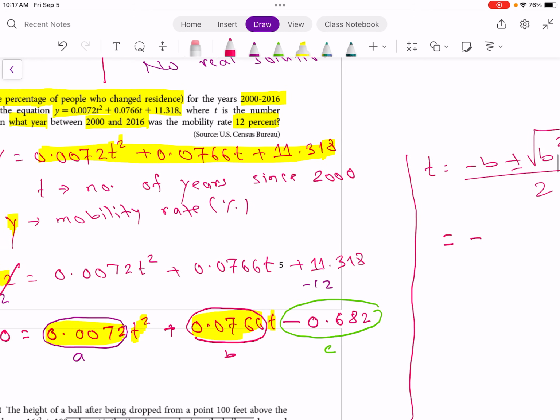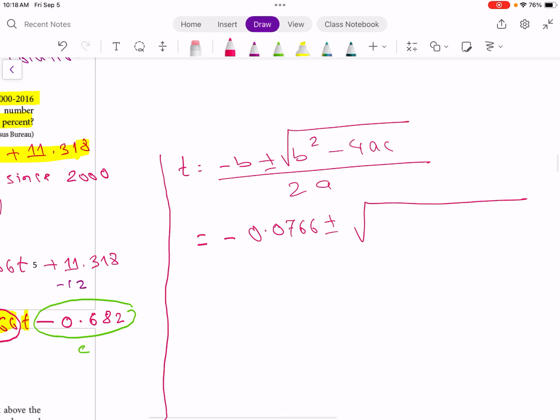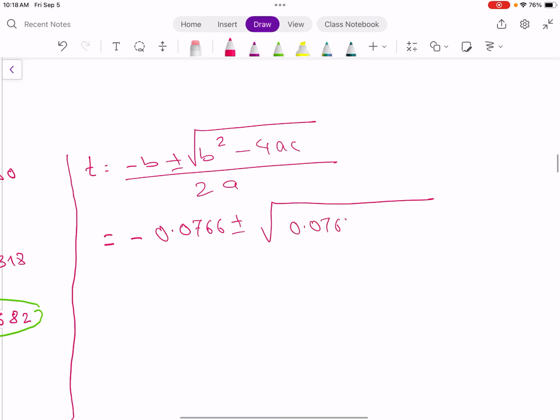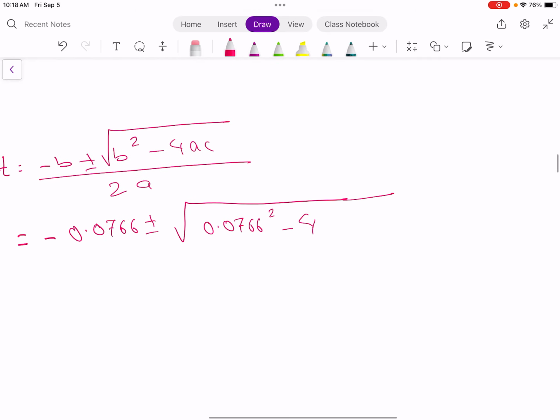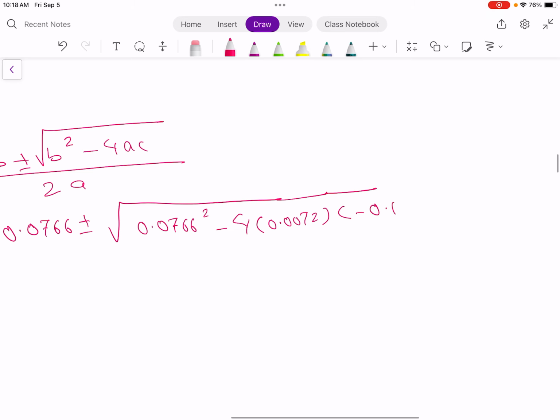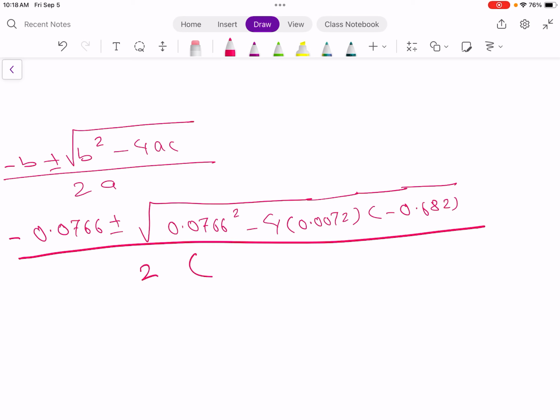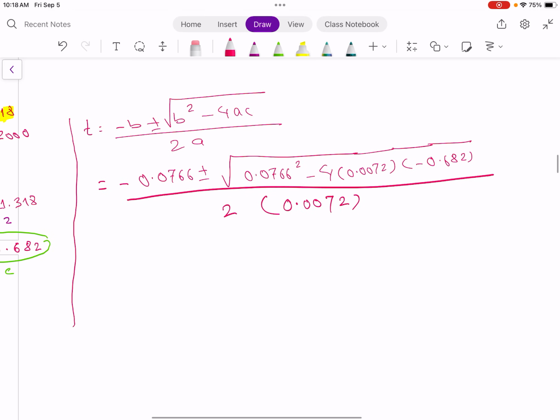So we have negative b, our b is 0.0766, plus or minus the square root of b square, 0.0766 square, minus 4 times a, 0.0072, times c, c is negative 0.682, divided by 2 times a, which is 0.0072. Okay, I need your help here now.